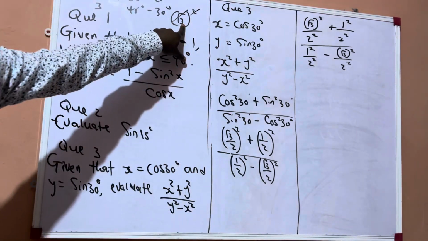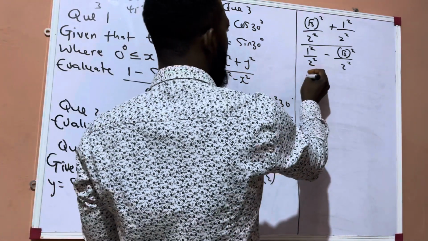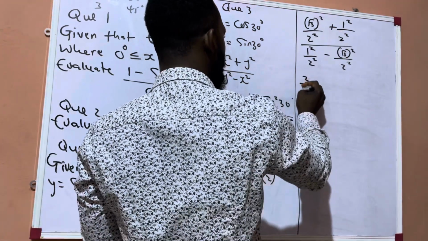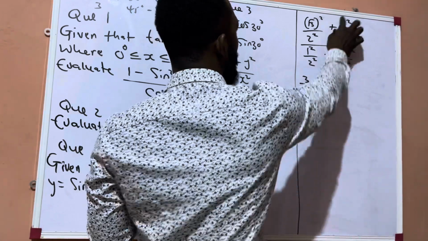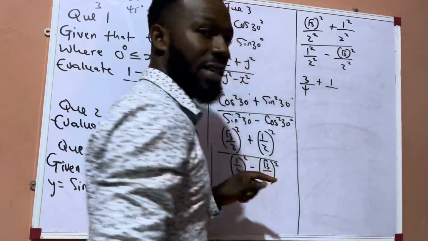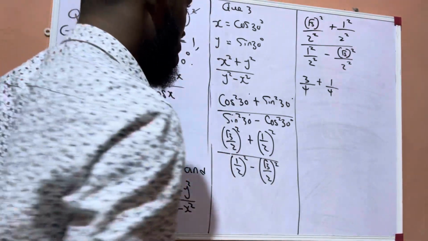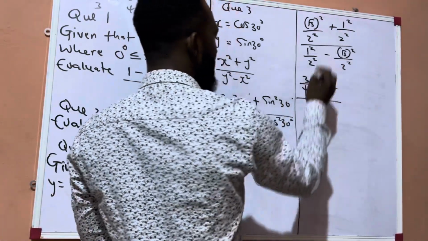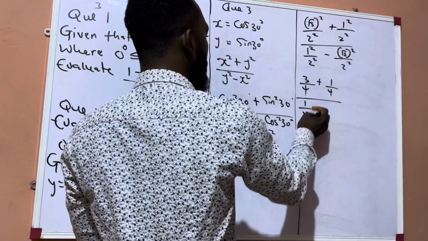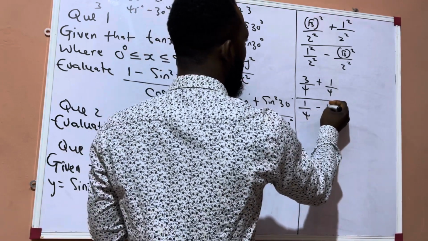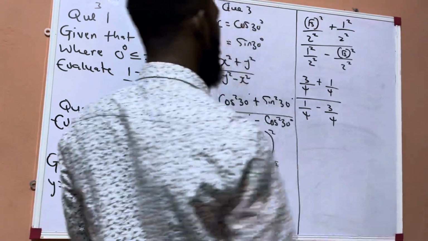So here becomes 3 over 2 raised to the power 2, which is 4, plus 1 raised to the power 2, which is 1 times 1, and 3 raised to the power 2 also is 4. All over, it becomes 1 over 4 minus 3 over 4.